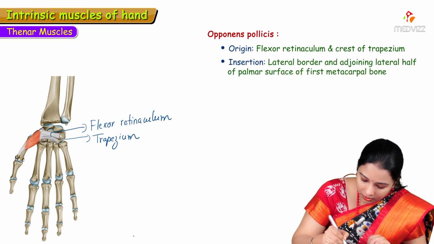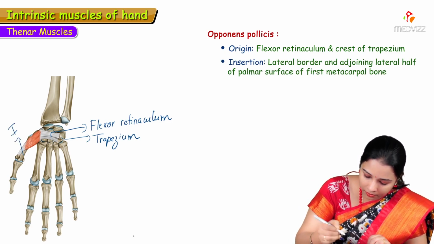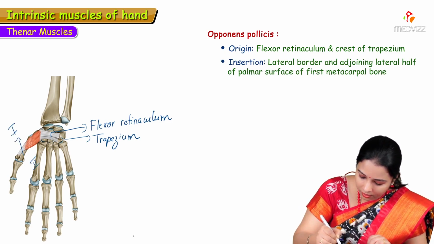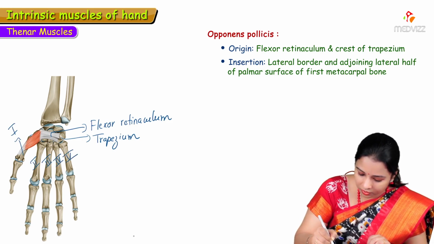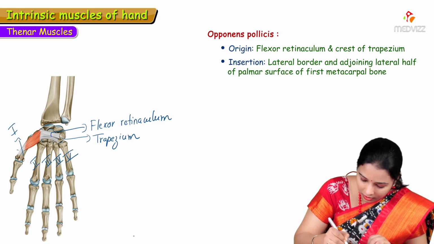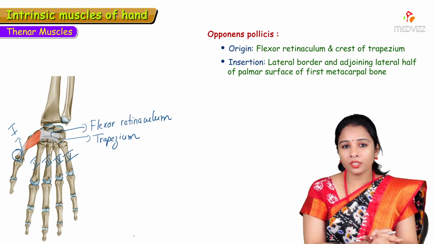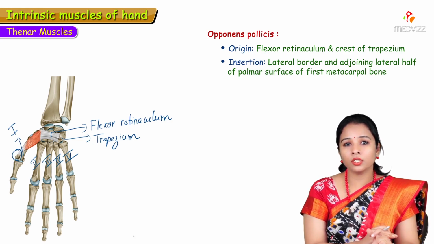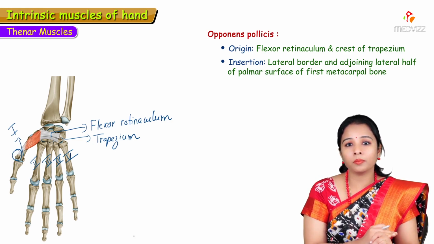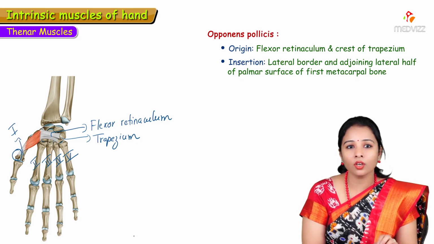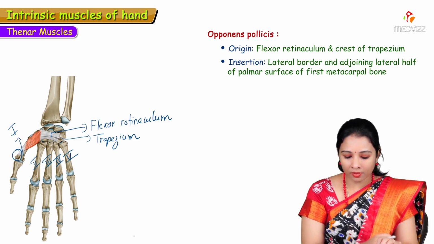So this is the first metacarpal bone, this is second, we know, third, fourth and fifth. So you can see here it is getting inserted here. So that is, it is lateral border and it is getting inserted to the adjoining lateral half palmar surface, means anterior side of the first metacarpal bone.